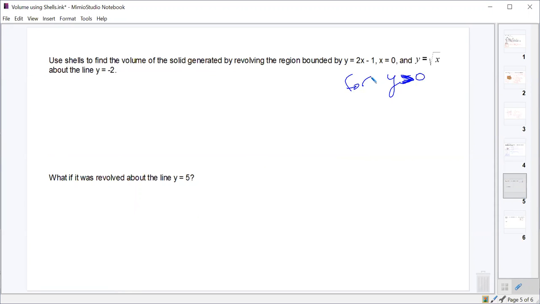Actually, we'll just bound it by all of those things. I'm going to add y equals 0. I don't think I needed x equals 0. I think I just wanted that to be y equals 0. That's fine.